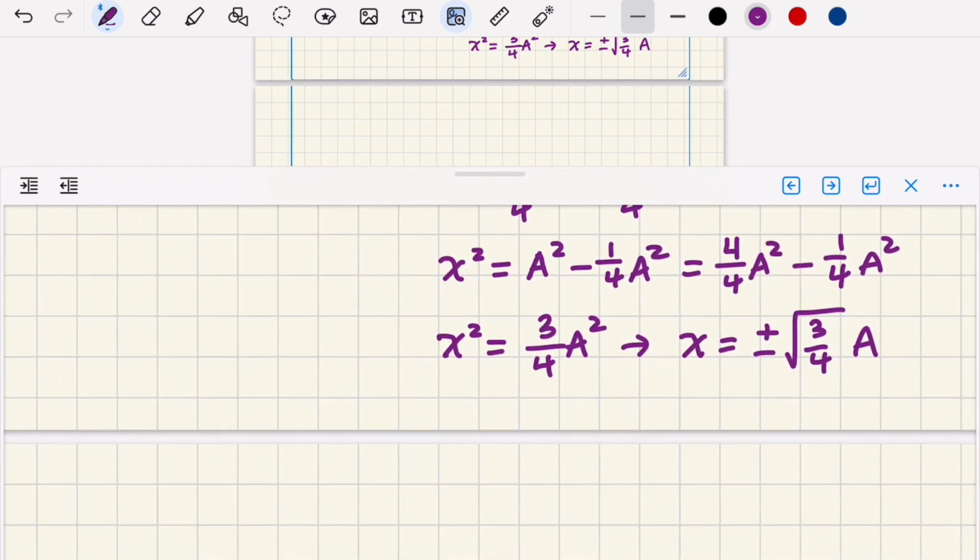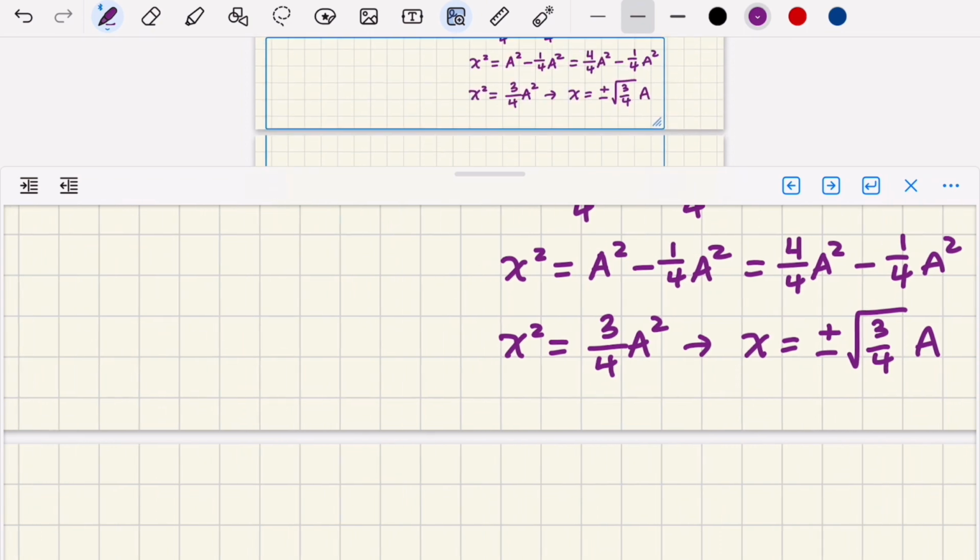So just to make this slightly more elegant, I'm going to work to the left and change color just so you see that's going to be the answer. So x is going to be equal to plus or minus the square root of 3 divided by 2, because the square root of 4 is 2, times A.